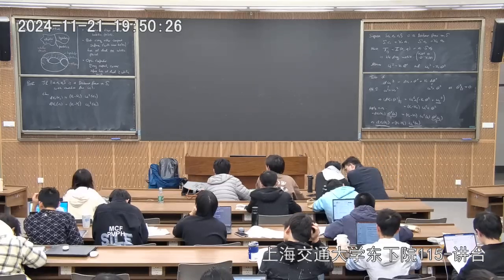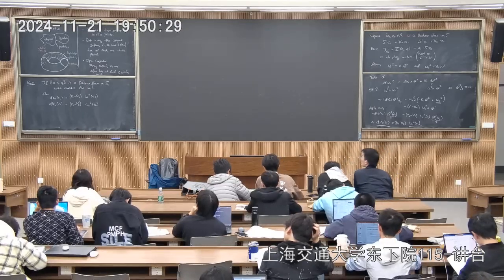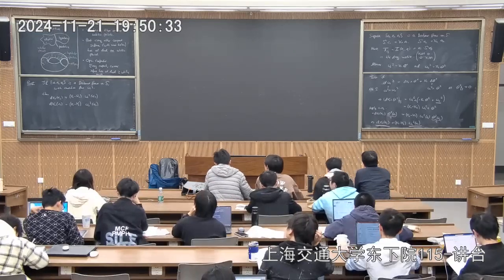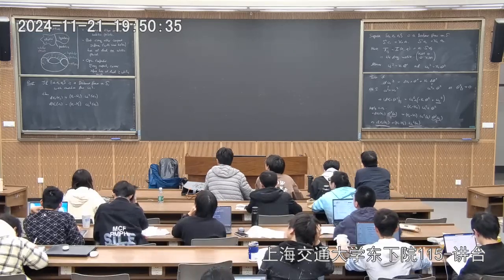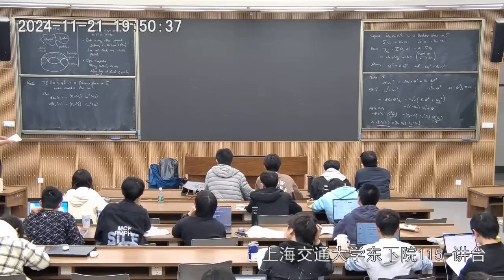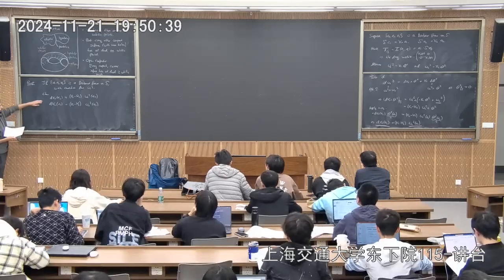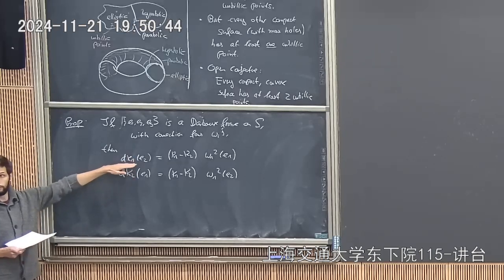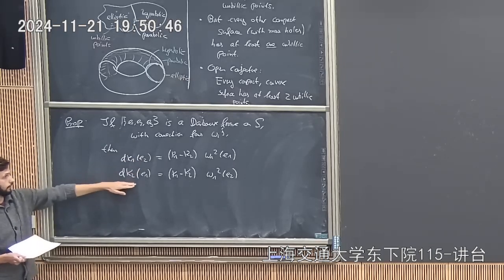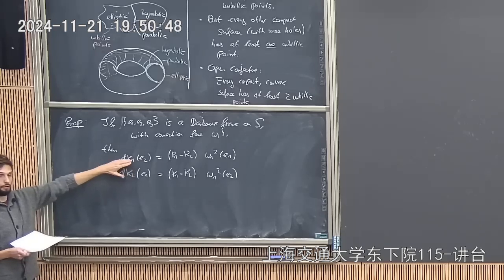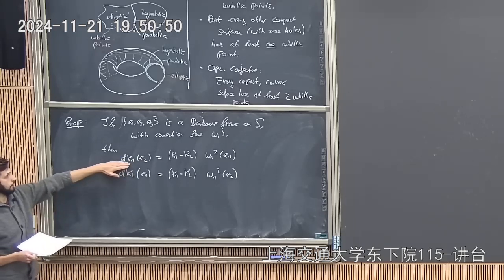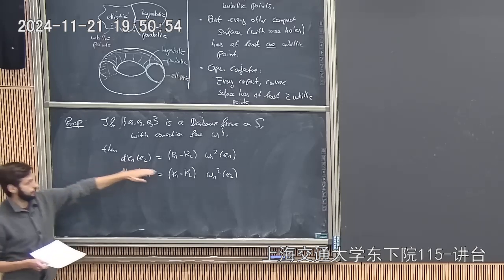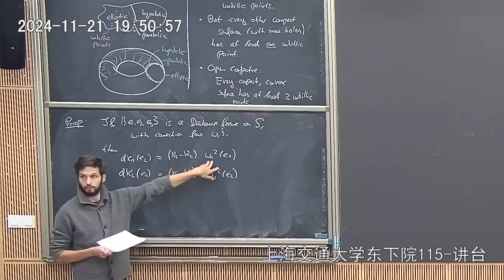So what are these equations telling you if you look at them? They say that in order to calculate how the principal curvature is changing, or differently phrased, to determine how the principal directions are changing, the only thing that you have to know is omega 1 2.